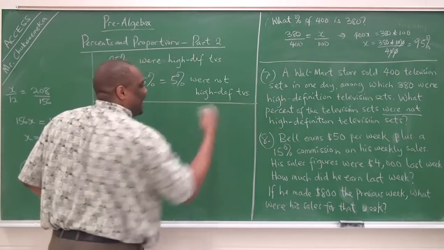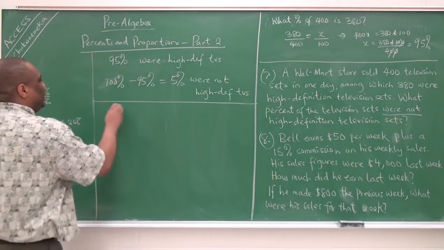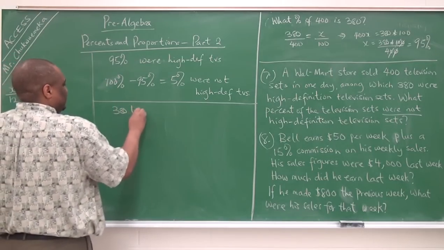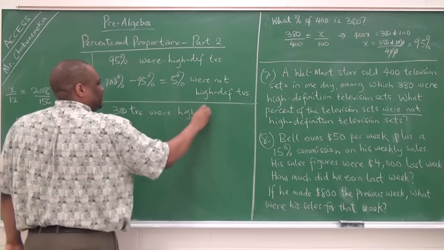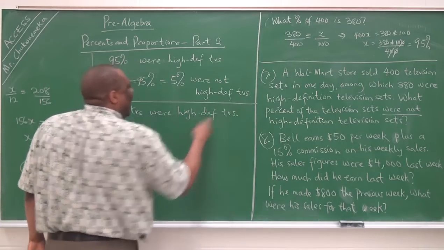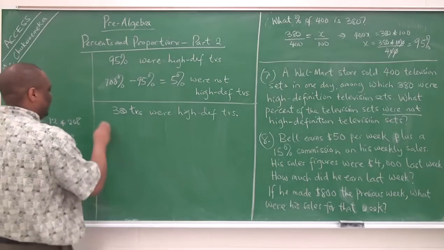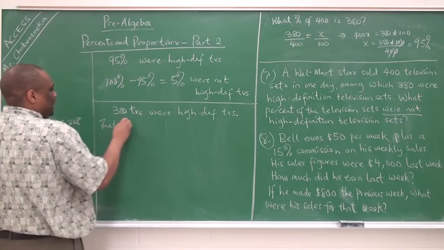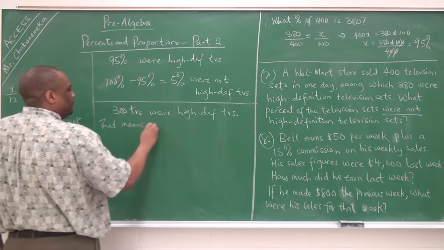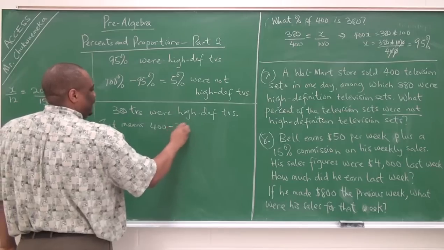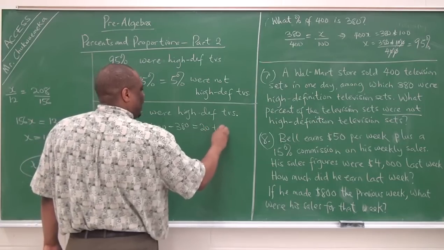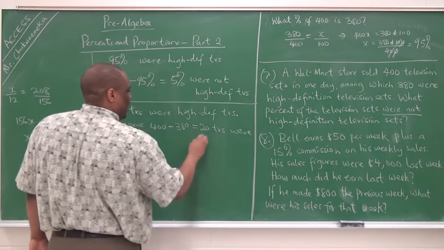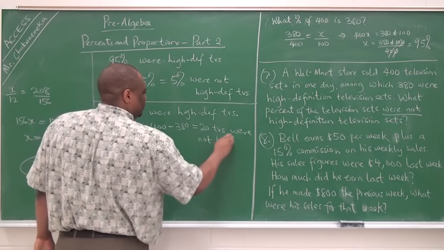Another way you can do it is, okay, 380 TVs are high def TVs, high definition TVs. How many are not? That means that 400 minus 380, which is 20. 20 TVs are not high def.